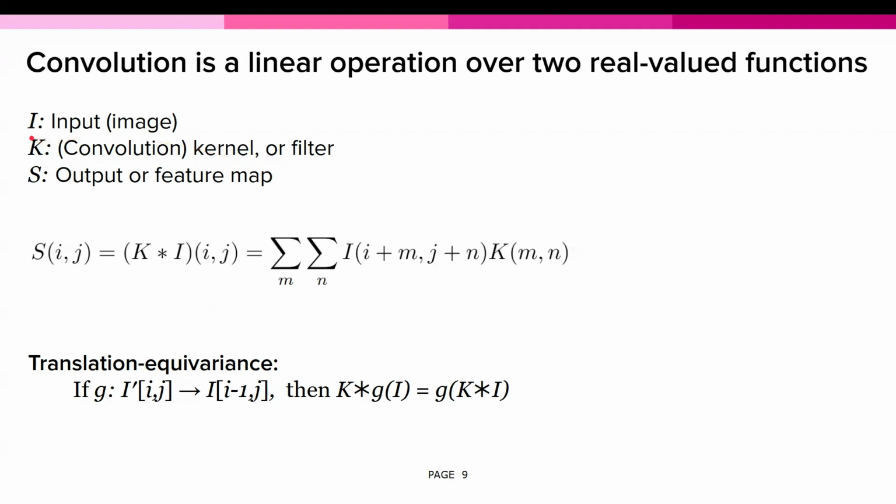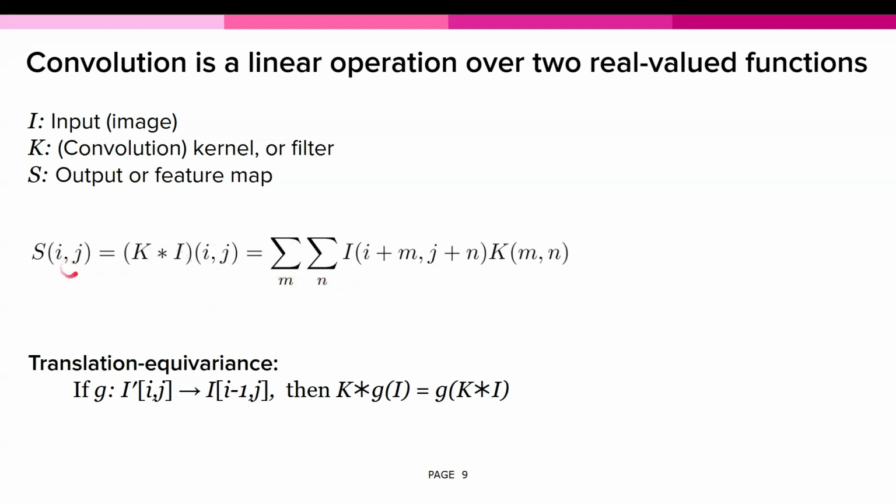So, sorry, let me back up. If I is the input image, and we're given the other input, the convolutional kernel K, then the resulting output of the convolution is going to be S, and another word for this is the feature map. And then the output at position ij is calculated by adding up all of the products of the corresponding values in the image patch and the kernel.